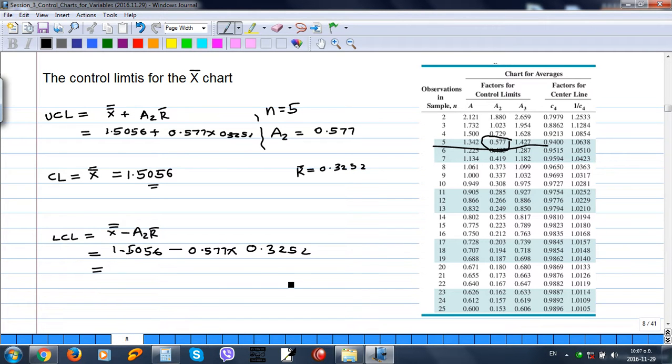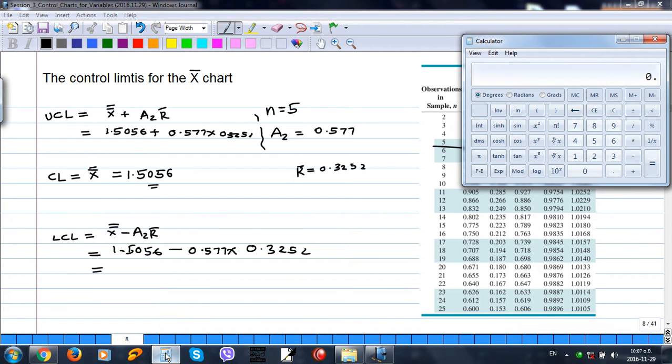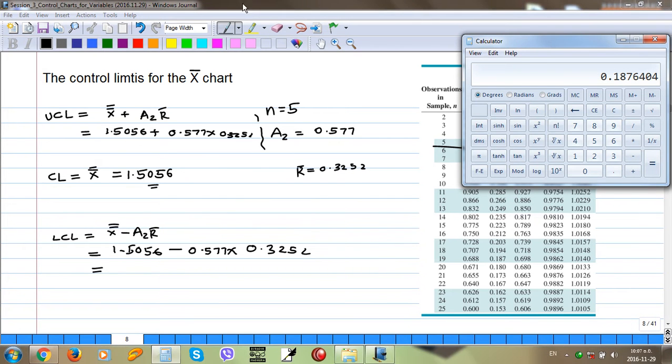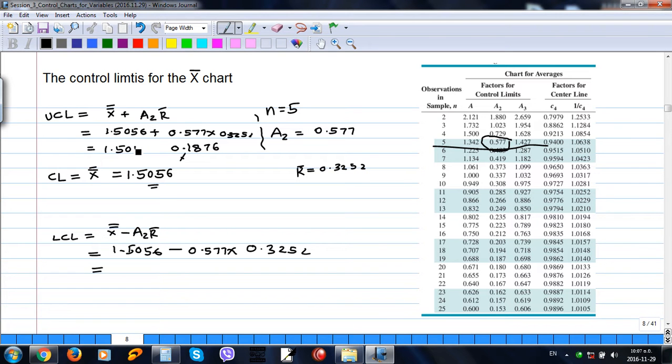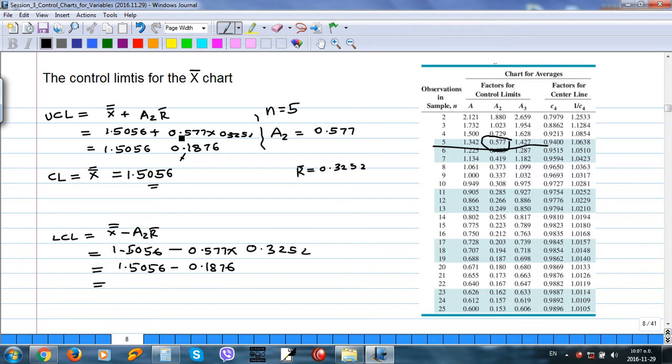So 0.577 multiplied by 0.3252 comes to 0.1876. Then 1.5056 minus 0.1876, and then we can find the answers for this one.